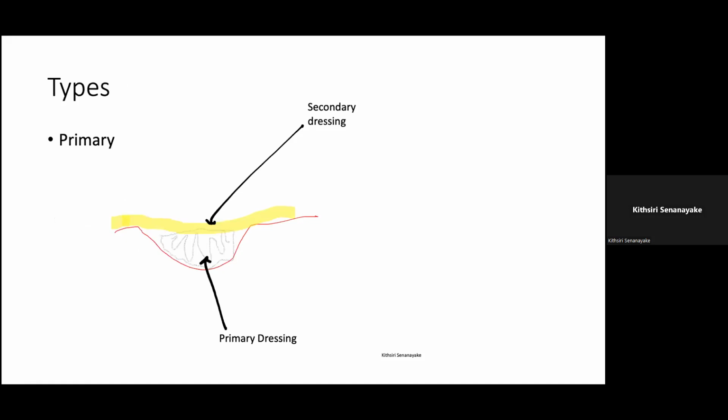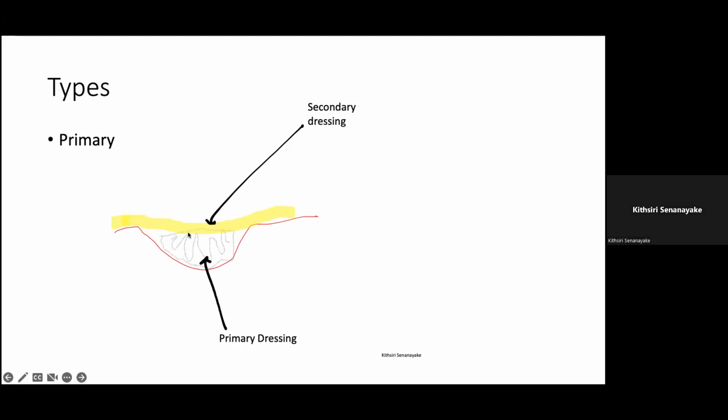Okay. So what are the types of dressing? When you get a wound dressing, we can classify them by various methods. This is a very simple thing you need to think about: you can classify as a primary dressing or a secondary dressing. The primary dressing means the dressing or medication that you put onto the wound, in contact with the wound.